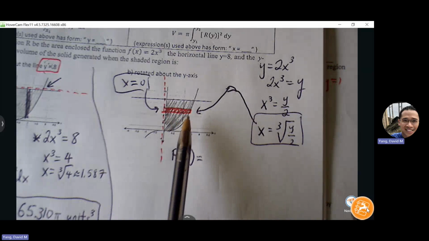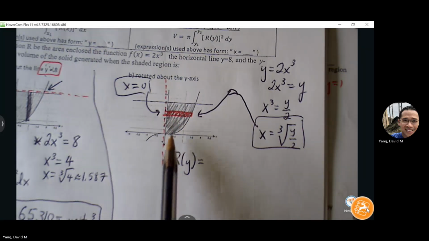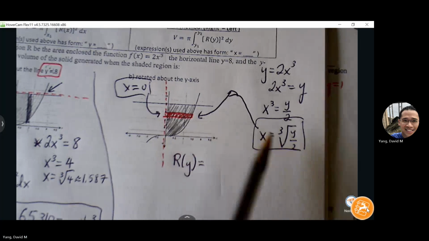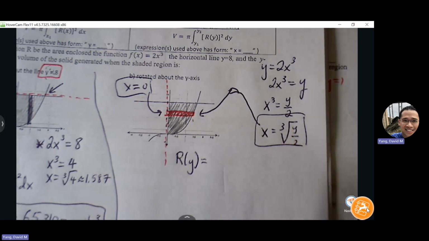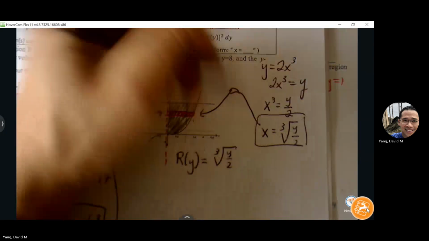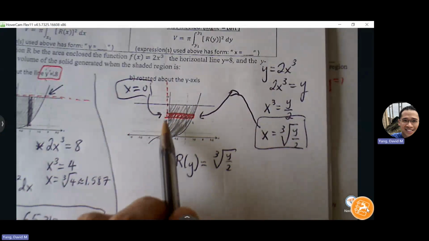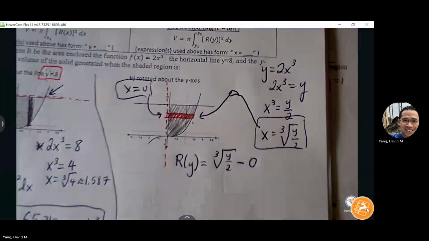What's the right endpoint of my radius sitting on? What's it touching? Yeah, cube root, right? Okay, cube root of y over 2. Okay, right minus left. So right minus, what's the left endpoint touching? 0. So that's it. This is how we build the radius length.